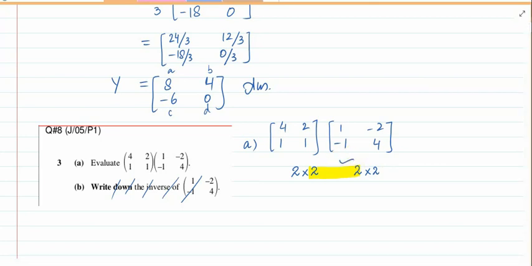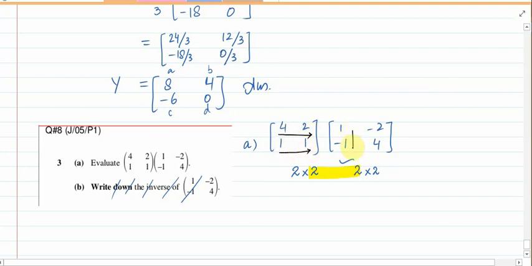For multiplication we need to apply arrows and then just the head and tail method. So 4 on the tail side, 4 will be multiplied with 1. When we move from 4 to 2, we need to incorporate a positive sign. That means we are standing on 2, multiplied with negative 1.